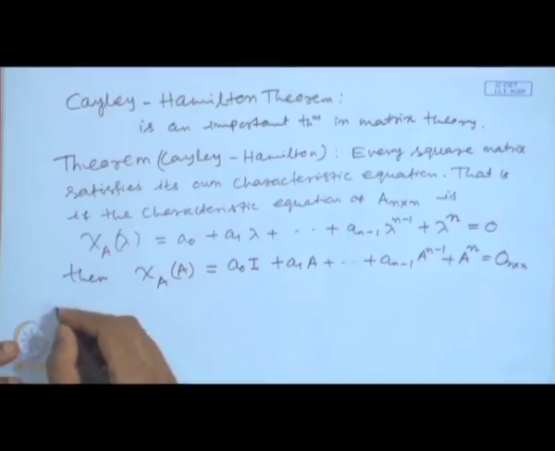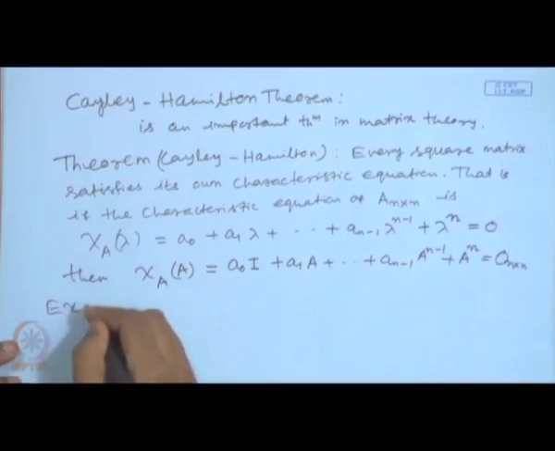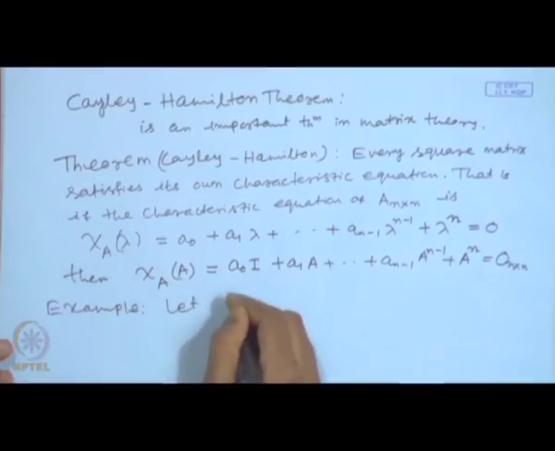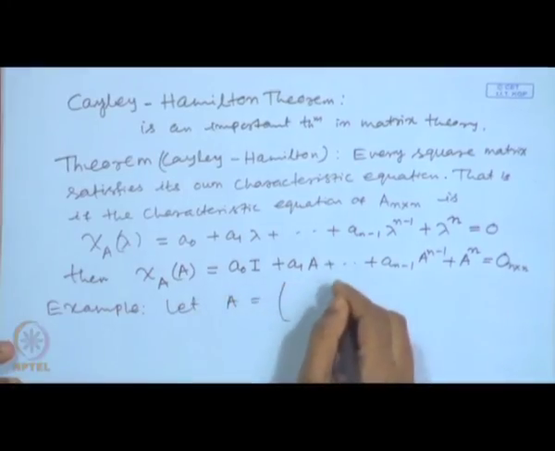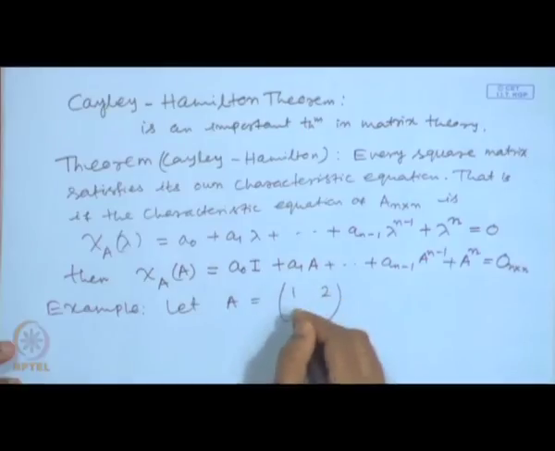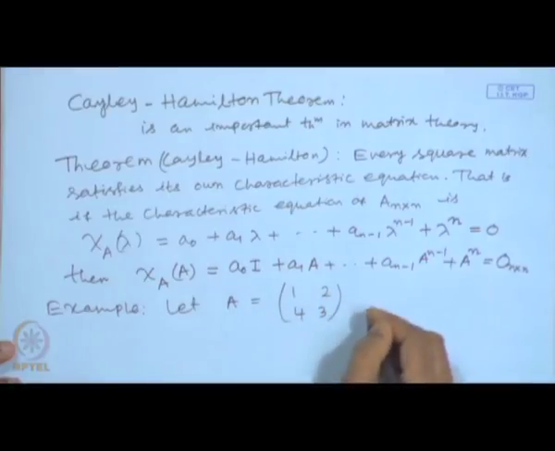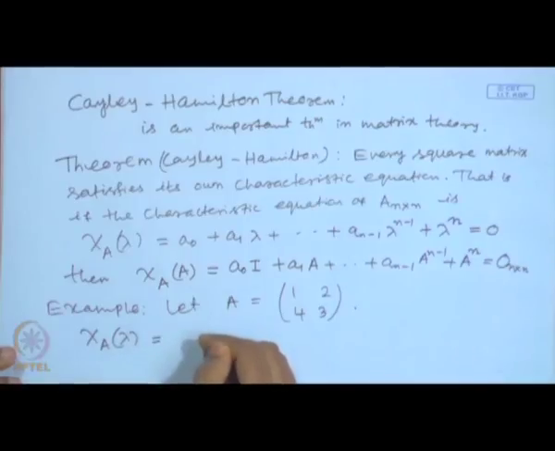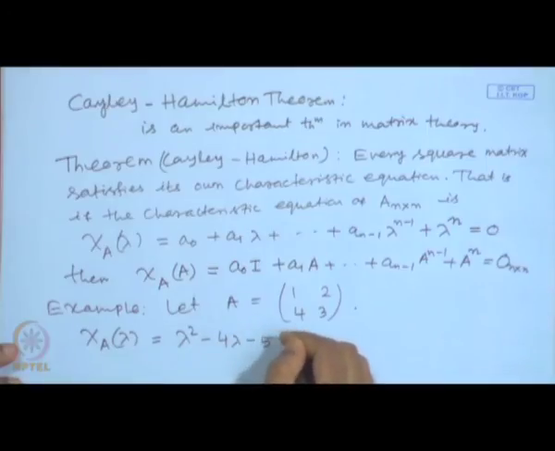So, let us see one example here. Let A be the matrix 1, 2, 4, 3. Its characteristic equation is lambda square minus 4 lambda minus 5 equals 0.